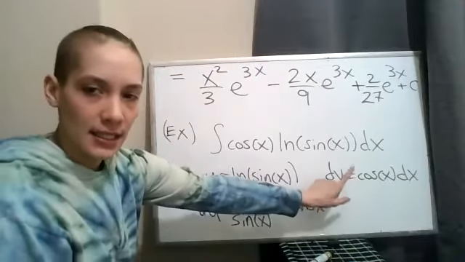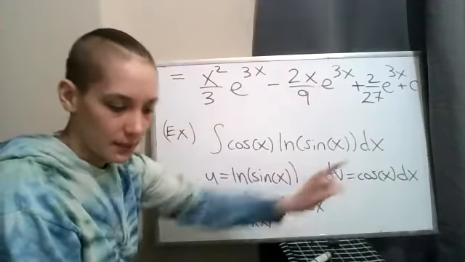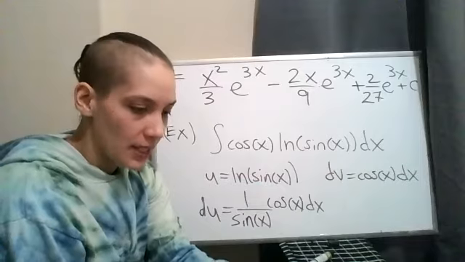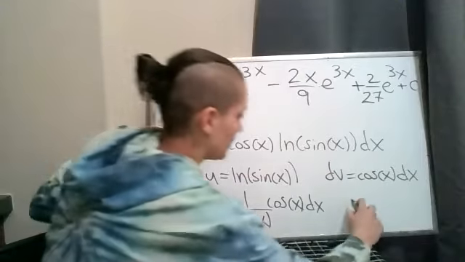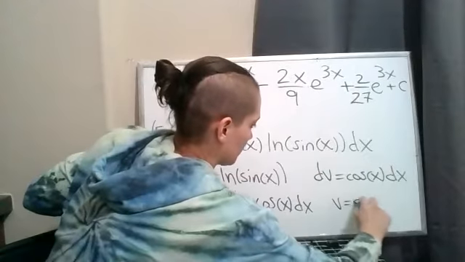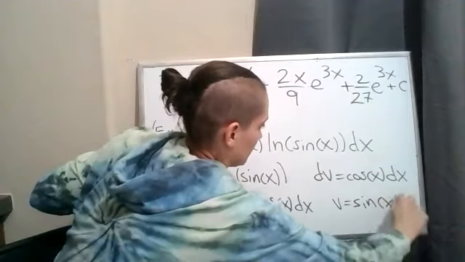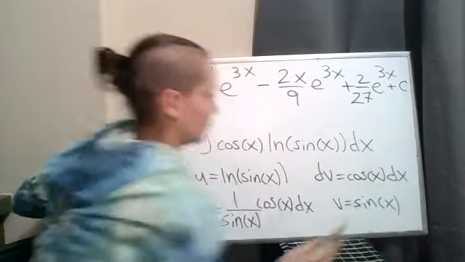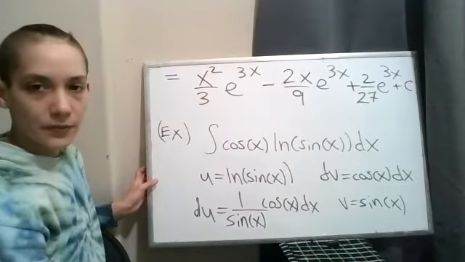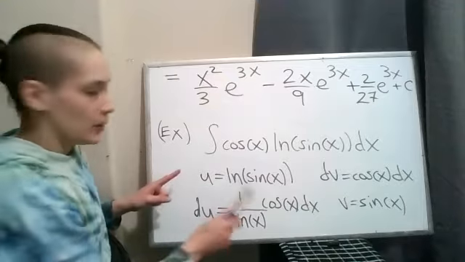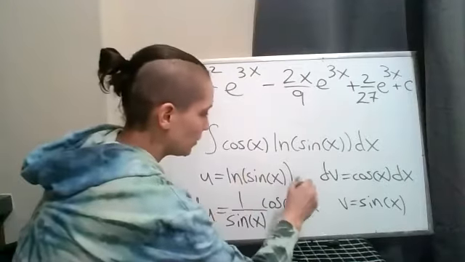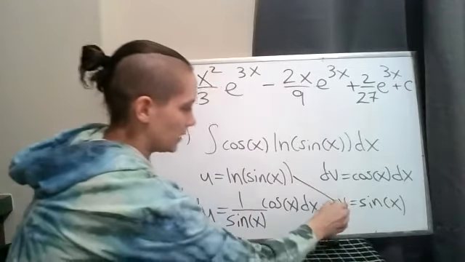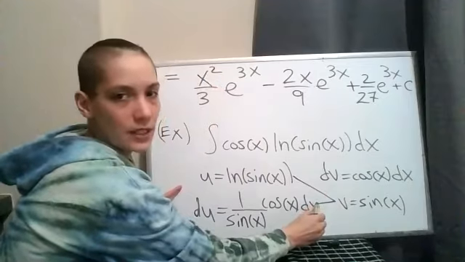And then this is an integral of cosine of x, so I have sine of x as my v. And then we're going to multiply across u with v, and then subtract this integral, v du.